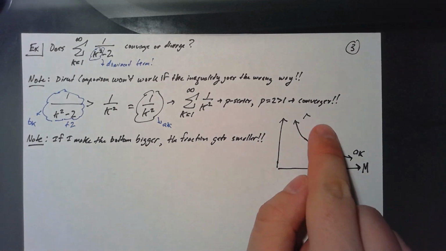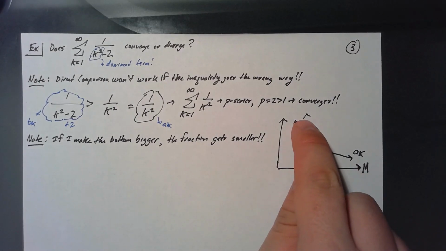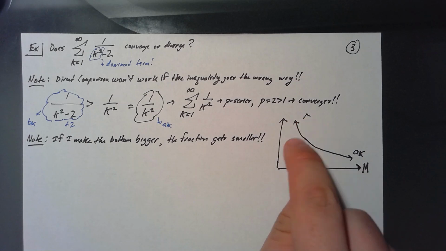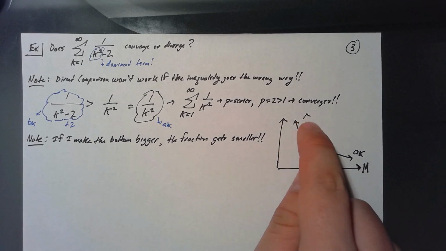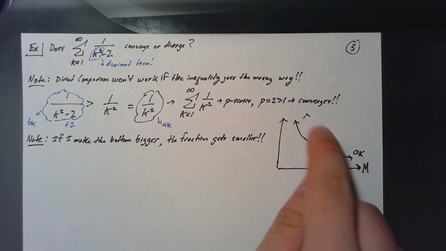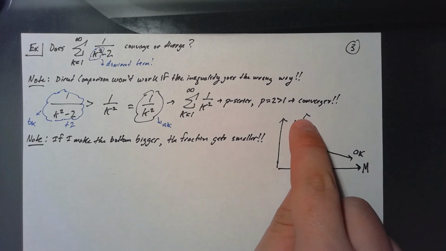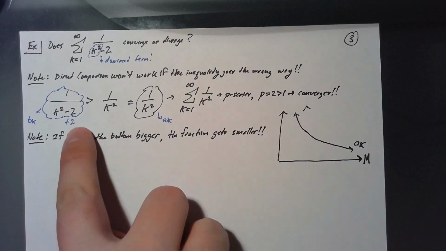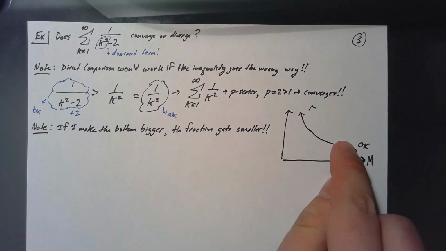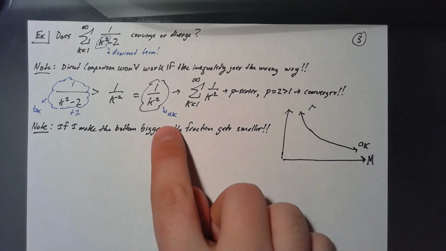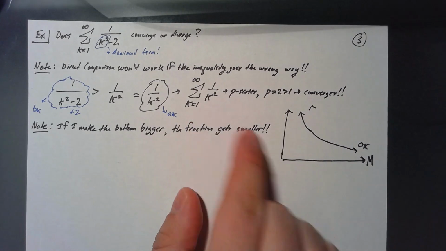In order for direct comparison to work here, b of k would need to be below this. But b of k here is above it because of the inequality that I made. And a of k, this p-series, converges to m.